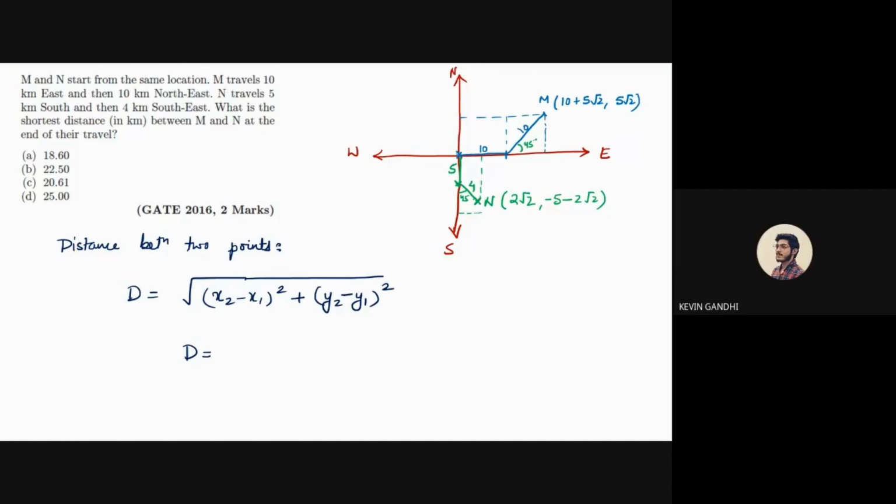So 20.61. 22.04. Still, I'm getting two different answers.